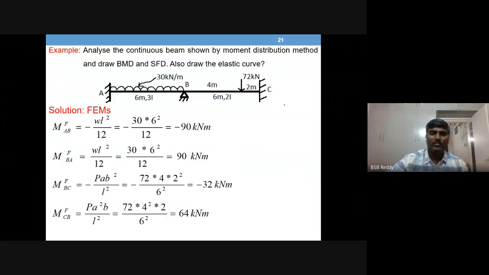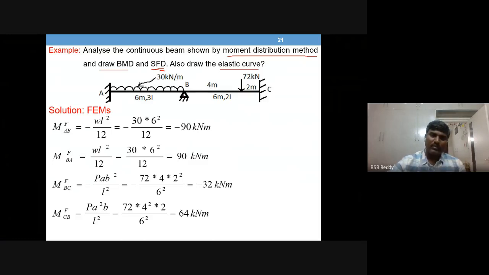Here is a problem given: analyze the continuous beam by moment distribution method. Draw BMD, SFD, and also draw the elastic curve. ABC is a continuous beam with ends fixed.